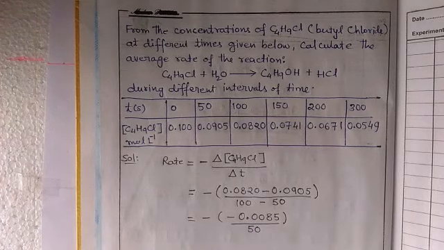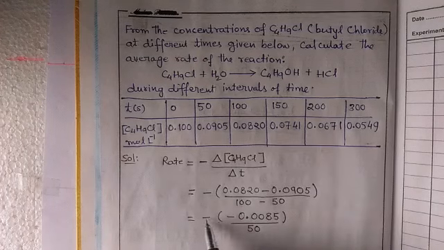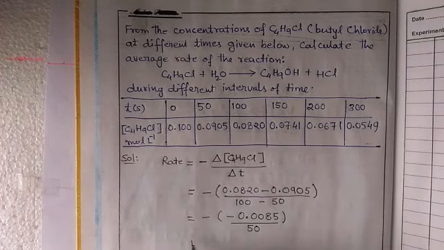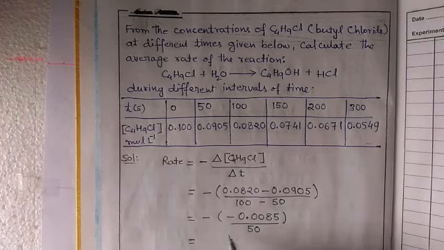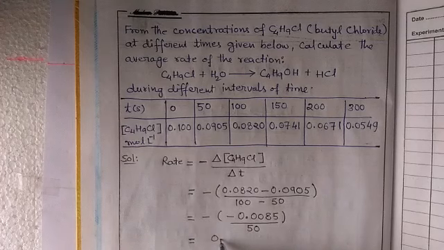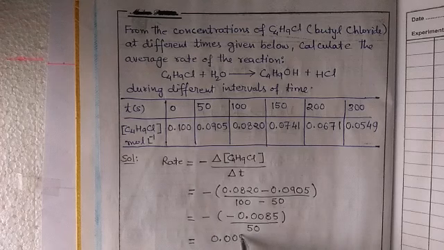This is what we are going to have. Now we have to divide 0.0085 by 50. But before that, we have two negative values. It will make together a positive value. So let's write it once again, 0.0085 by 50.